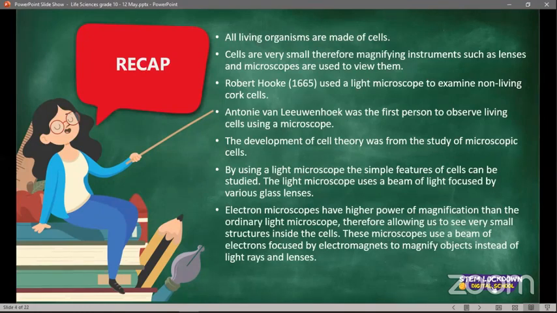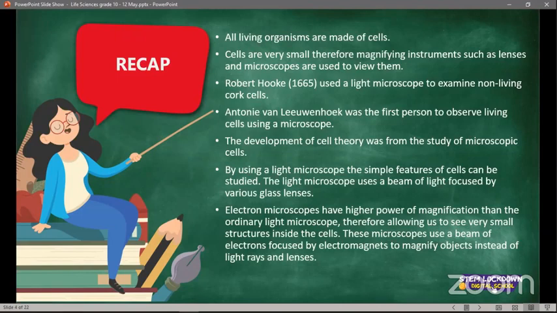So he used the light microscope to examine non-living cork cells, and he said that these cork cells were in box-like structures, and he named them cells. So he's the one who came up with the word cells. And then we talked about Antony van Leeuwenhoek, who was the first person to observe living cells using a microscope.